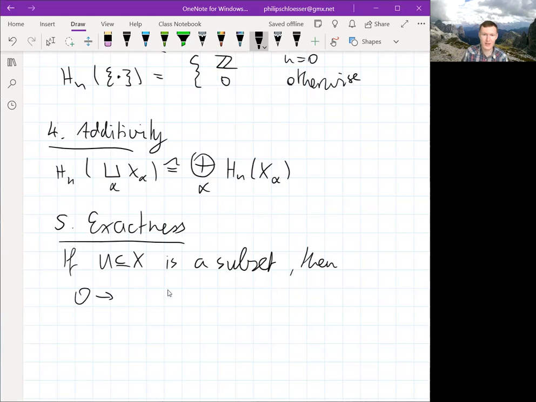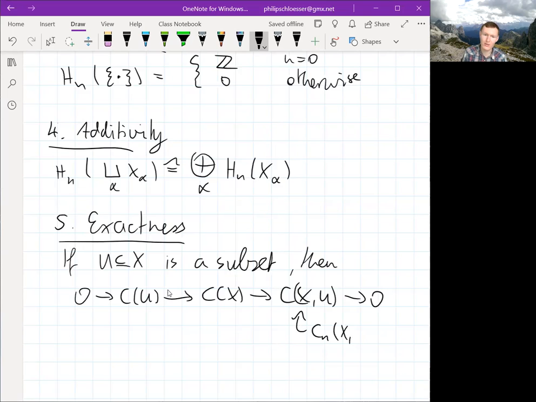Then we have an exact sequence between chain complexes, where we define Cn of (X, U) to be Cn(X) divided by Cn(U).